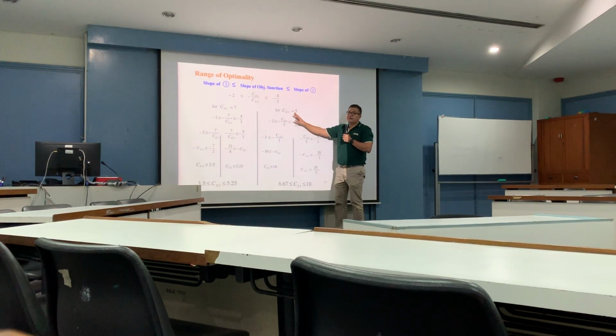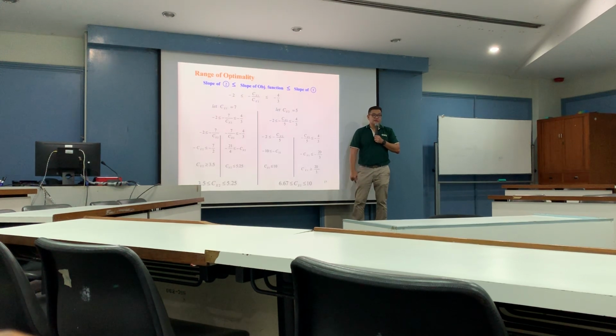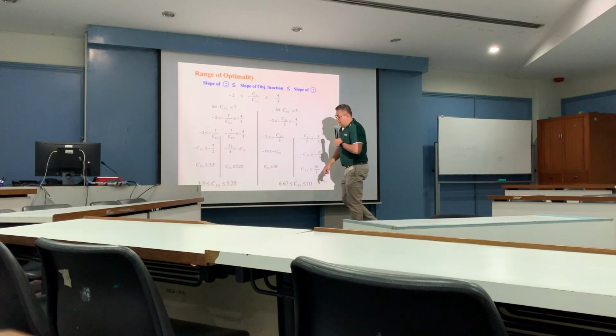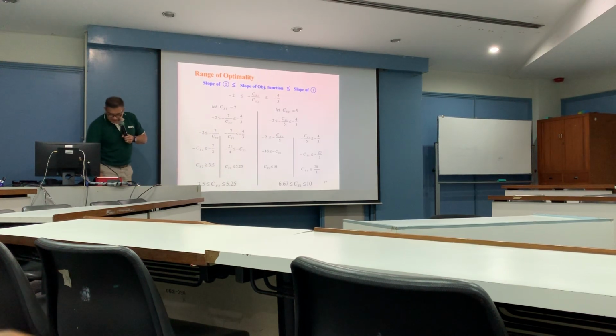And another case, the coefficient in front of x2 is the same as 5, and we try to find the range for the coefficient in front of x1. And this is the result. Okay? So this is the one that we just studied. Okay? Next, if we say that, okay, we just finished only this one.